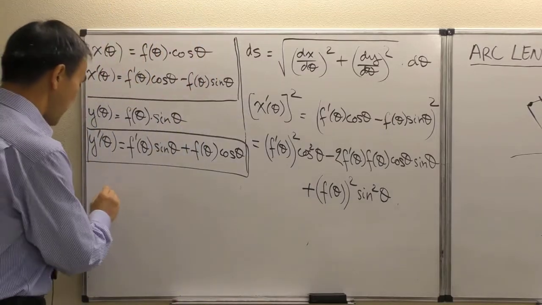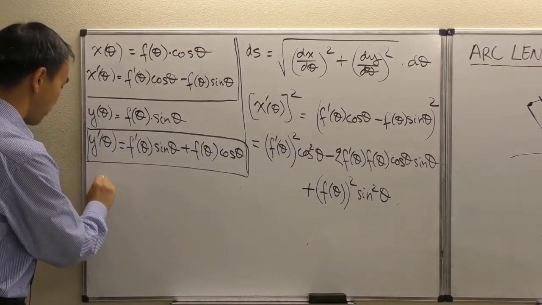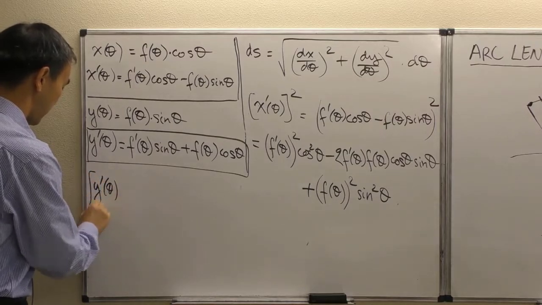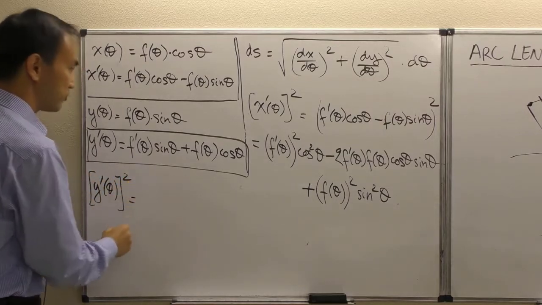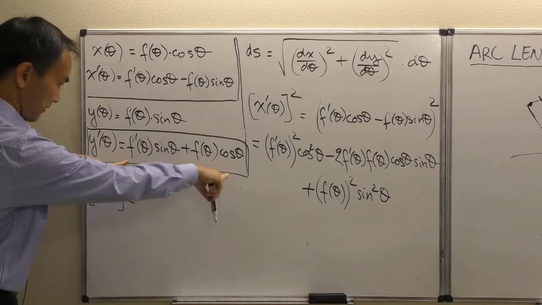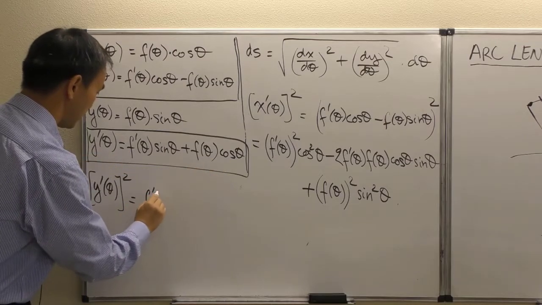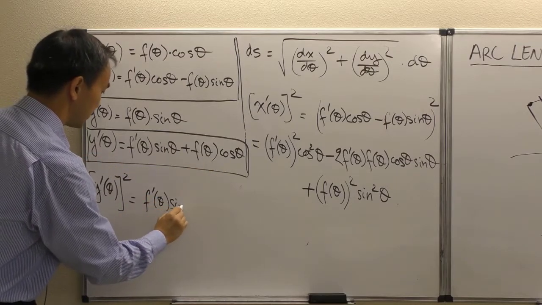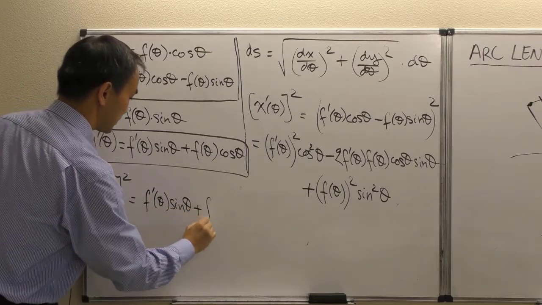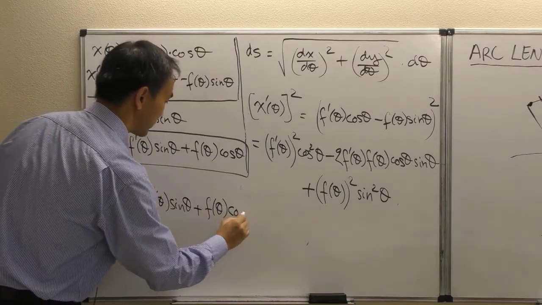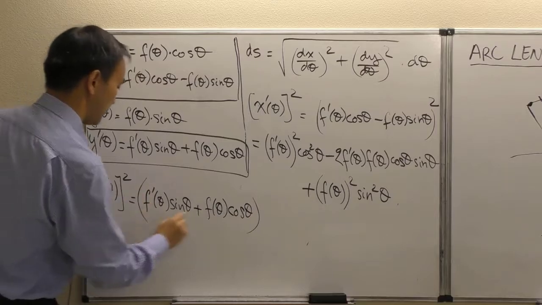In the meanwhile, y prime of theta all square is the square of this expression right here, f prime of theta sine theta plus f of theta cosine theta, all squared.